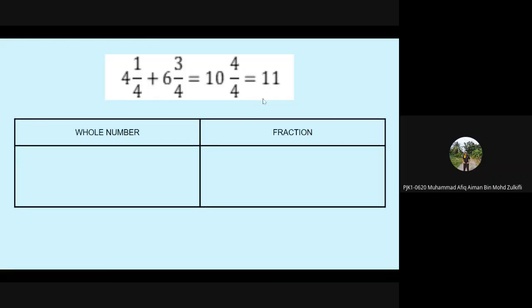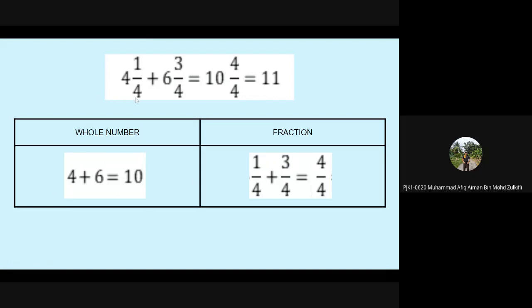So first of all, we have to make a table which consists of 2 columns for whole number and fraction. Then we settle the equation separately.